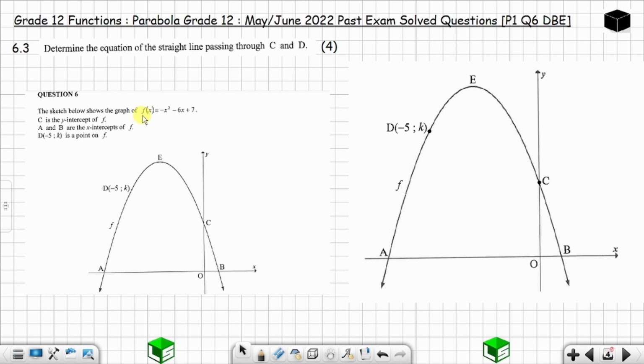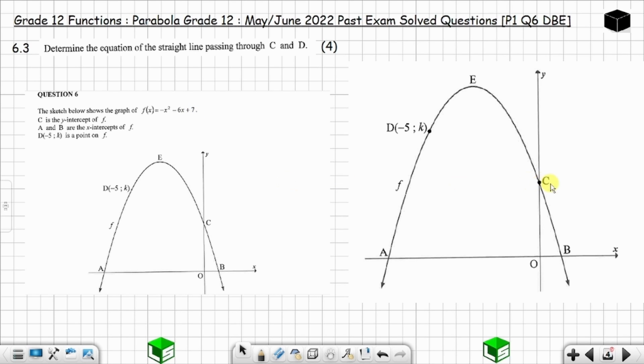So when the equation of a parabola is given in this form, the constant is your y-intercept. This is the form ax squared plus bx plus c. Remember that form of a parabola. So this is your c, and this constant is your y-intercept.